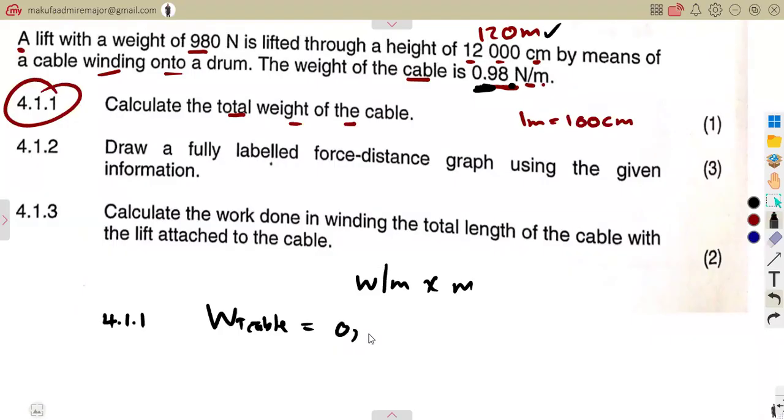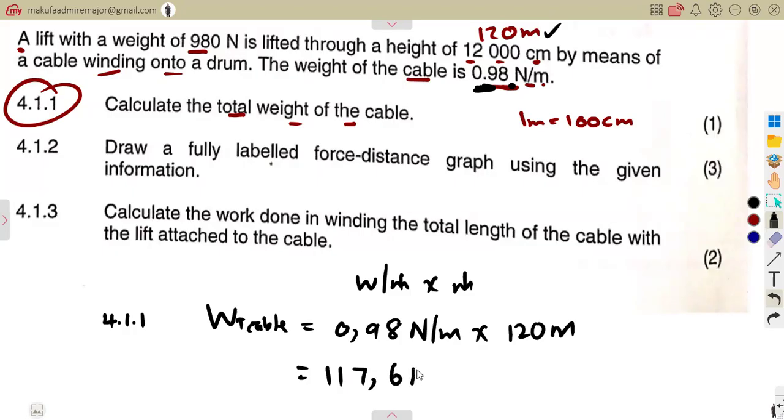So that is 0.98 Newton per meter times how many meters? 120 meters. So like I said, this will cancel. So 0.98 times 120 is going to be 117.6 Newton.